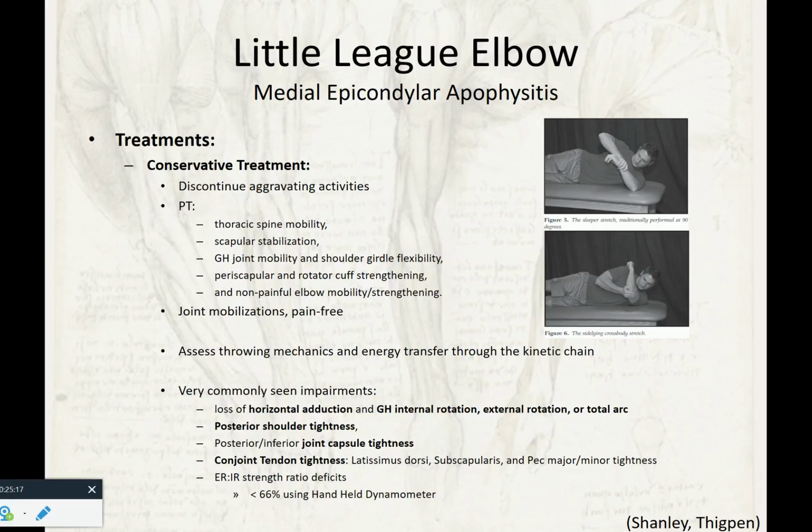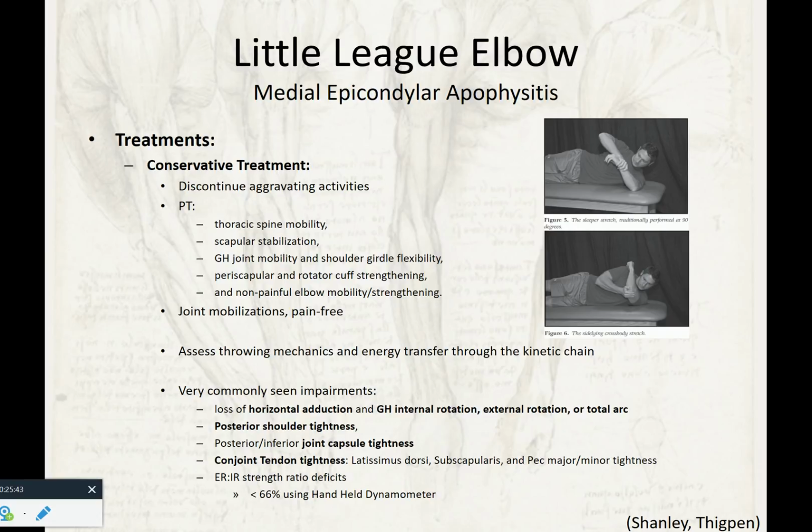So what treatments can we do? Typically in these patients, surgery is not indicated. Obviously, if the medial epicondyle is avulsed, then we're talking surgery. But typically, these are just stress-related irritations to the medial epicondyle growth plate. So what do we do to help? Well, you'll notice the picture in the top right.